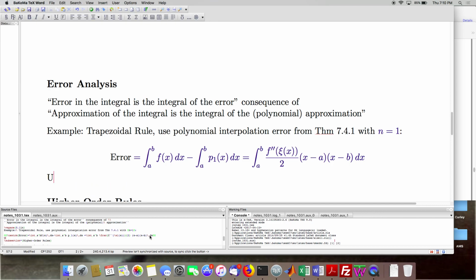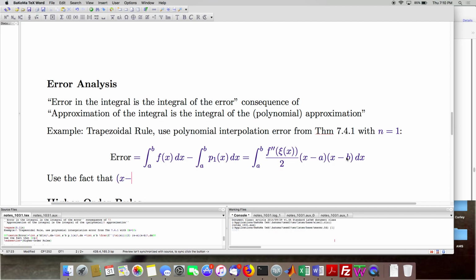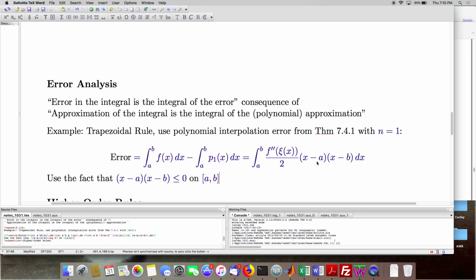So we use the fact that this expression here, x minus a, x minus b, does not change sign on the interval AB, because at a and b themselves it'll be 0.